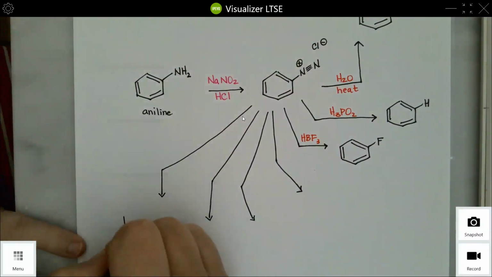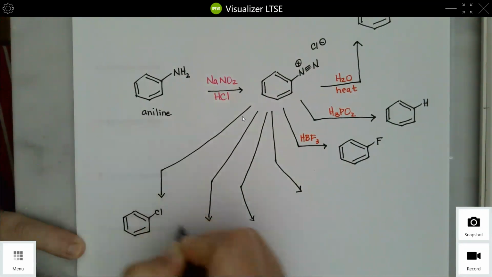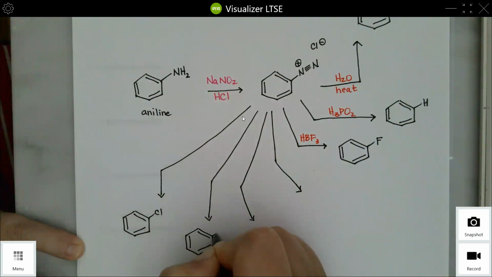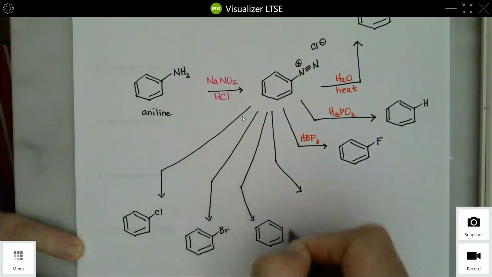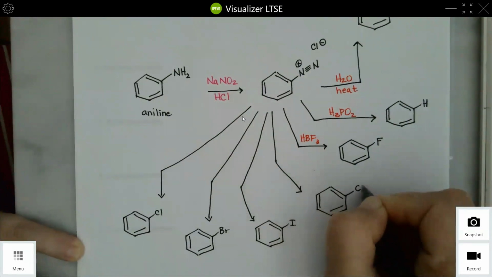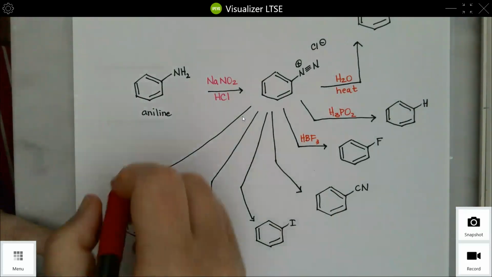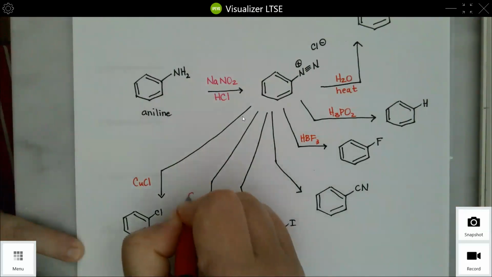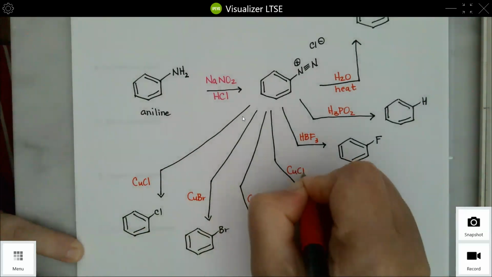So we can put on 3 different halogens, chlorine, bromine, iodine, and a cyano group as the last one. Right, these are all called the Sandmeyer reactions because they use the copper reagents. So copper chloride, copper bromide, copper iodide, and copper cyanide.